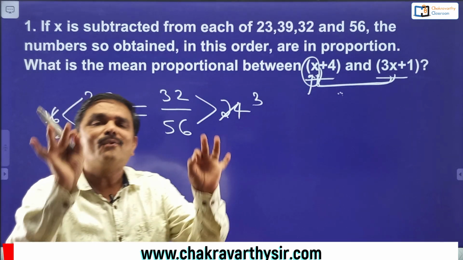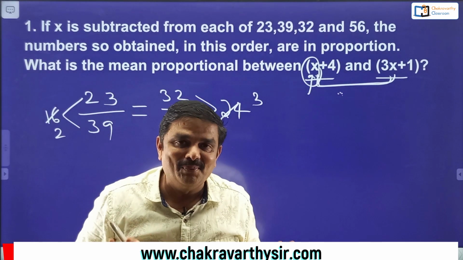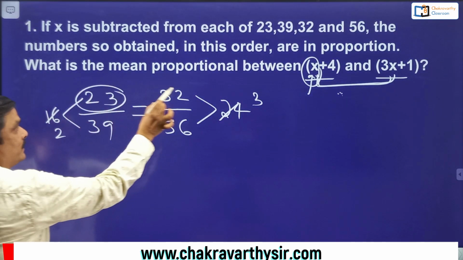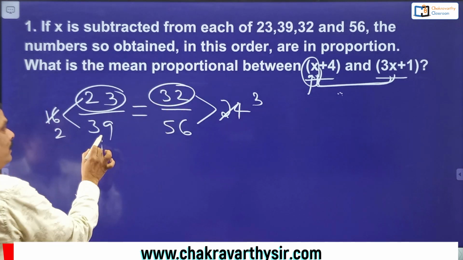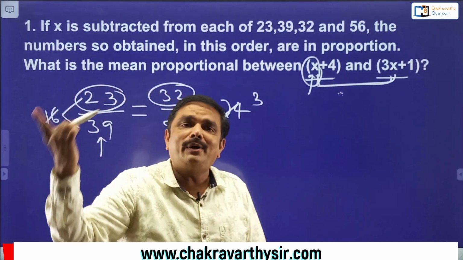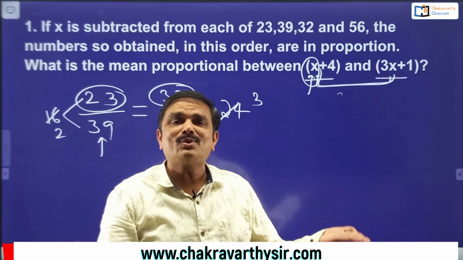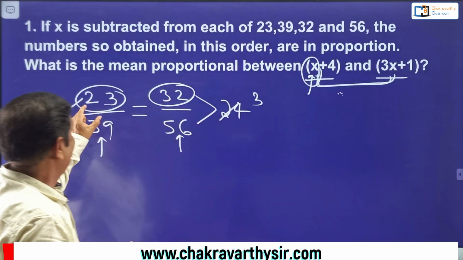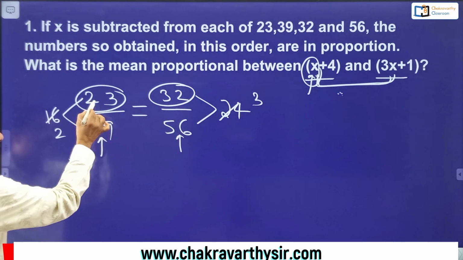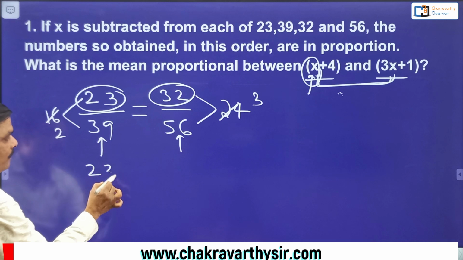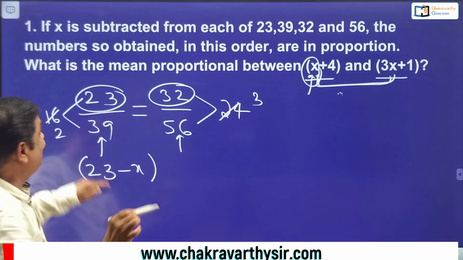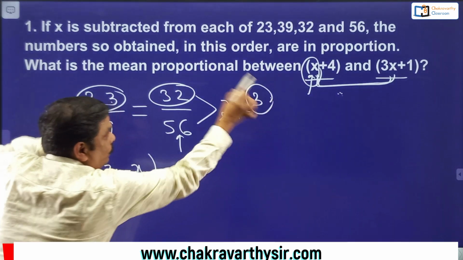Now students, final step. The third one is either you can choose the numerators or the denominators for comparison. Either numerator or denominator. In both the cases, the answer will be same. If I take the numerator, students, very simple one, you just do like this. This 23, listen very carefully, minus x, this must be multiplied with 3.